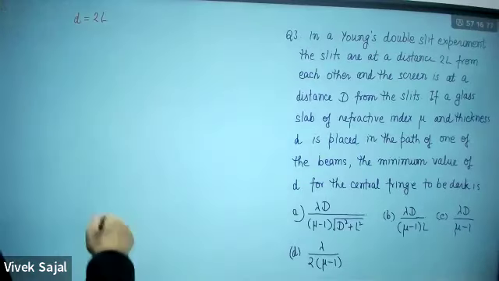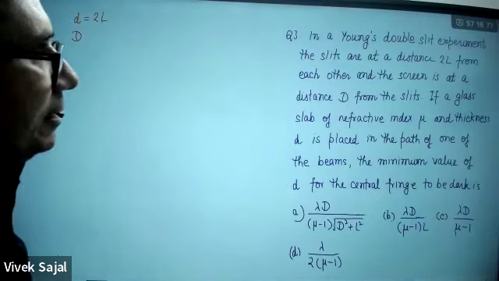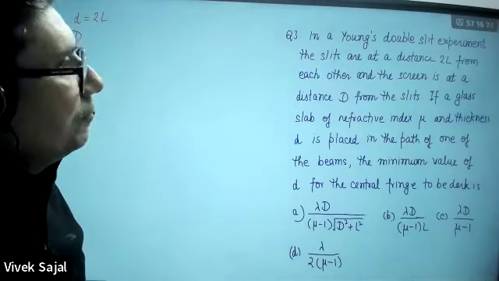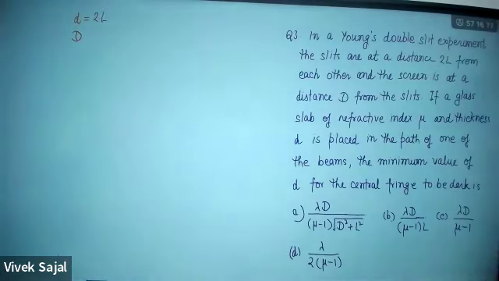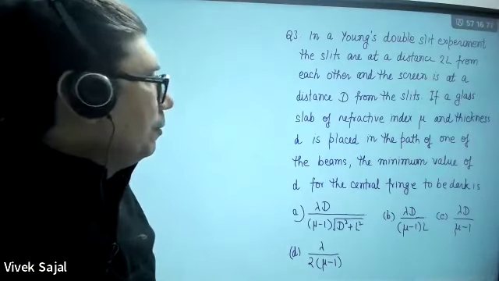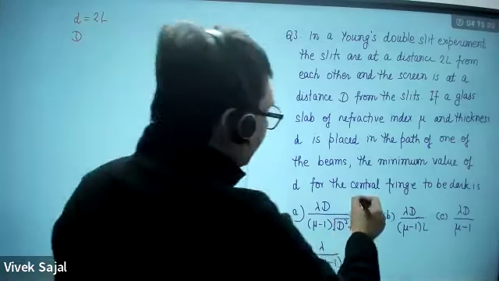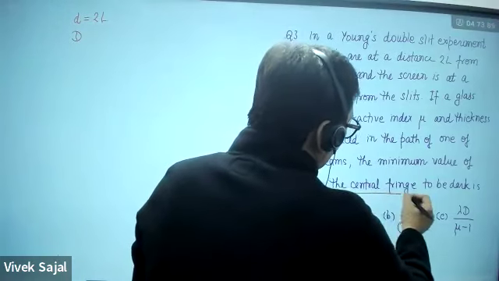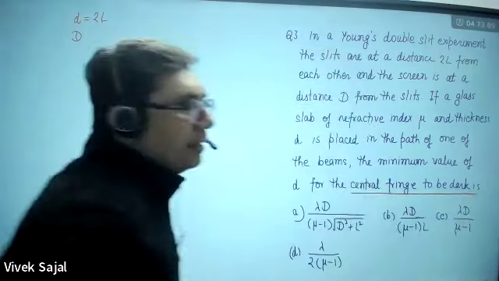If a glass slab of refractive index mu and thickness T is placed in the path of one of the beams, find the minimum value of D for the central fringe to be dark. What they want is that at the center, there should be a dark fringe.